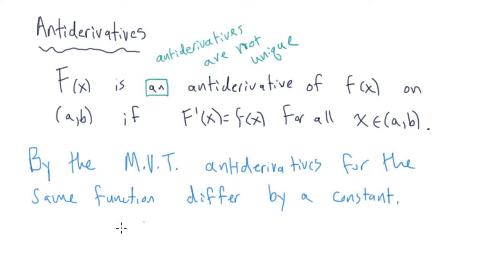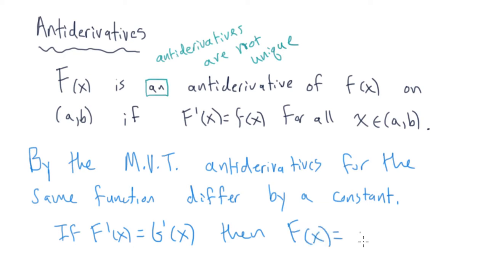And so more precisely what we mean is if f prime of x is equal to g prime of x, so if two functions have the same derivative, then f of x must be g of x plus some constant c, so just some fixed number. And now this is, of course, over whatever open interval we're considering. So if f and g have the same derivative on an open interval, then on that open interval, f will equal g plus a constant.